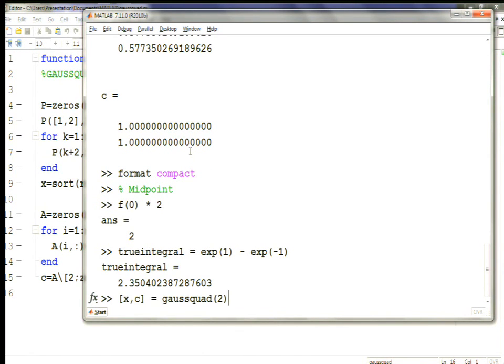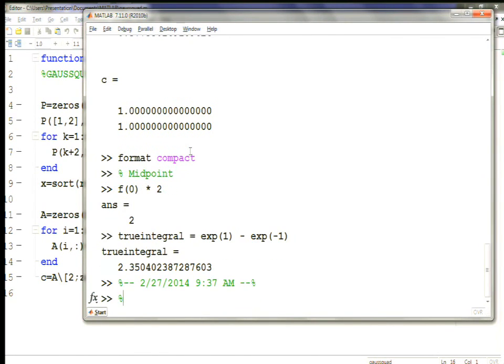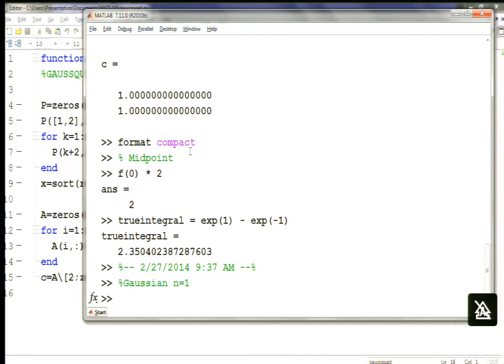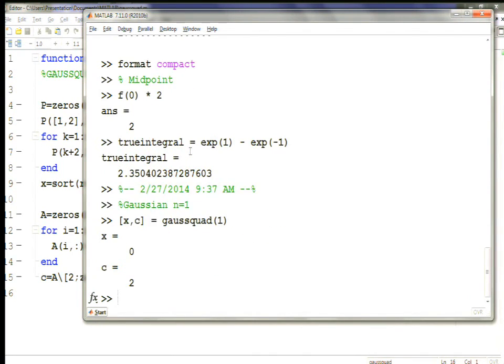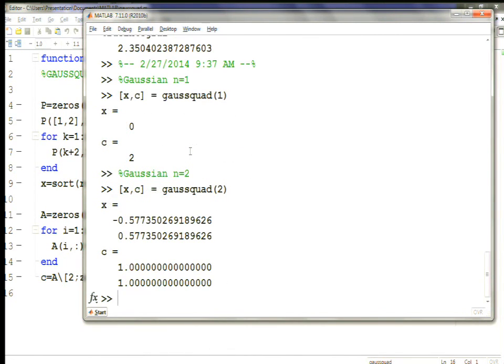Now let's do the first Gaussian quadrature rule. Gaussian n is equal to 1. And then we compute it like that. Sorry, Gaussian n equal to 2, right? There are the 2 points. And what do we do? We evaluate the function at the points. We multiply by the coefficients, and we sum.